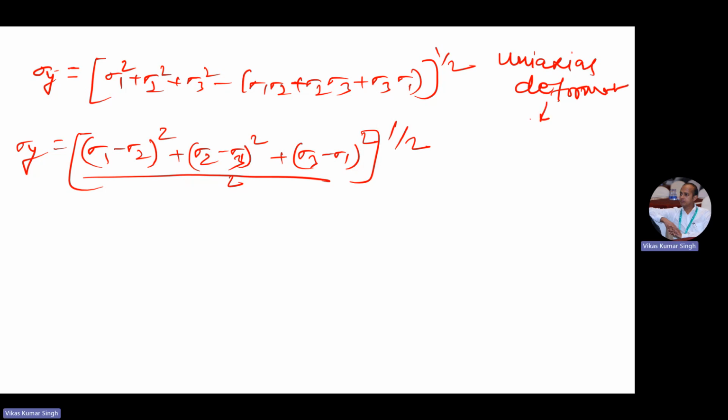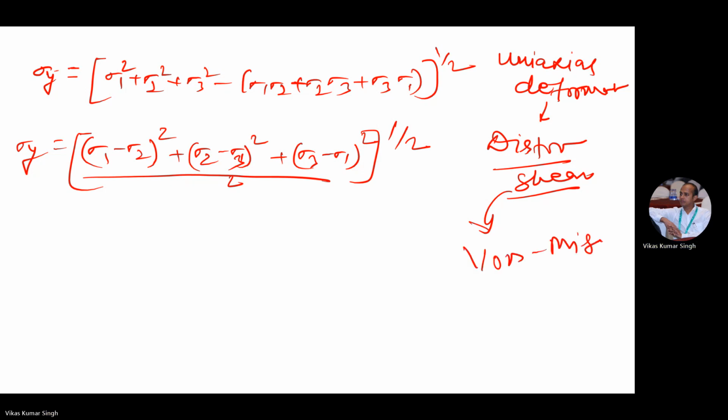In the case of distortion, don't forget, distortion means due to shear only, and this criterion was given by von Mises, the name of the scientist.